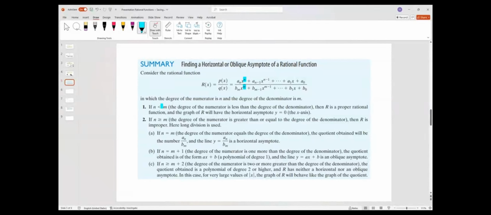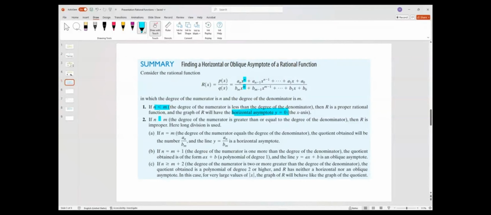So when the degree of the numerator is lower than the degree of the denominator, then the function r is a proper rational function, and the asymptote will be a horizontal asymptote, y equal to 0, so it will be the x-axis.